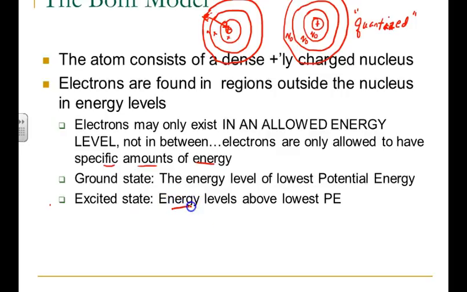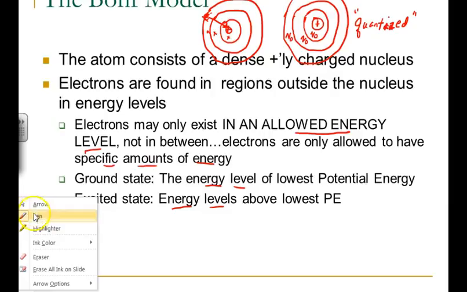Now, the energy level term is a term that came from Bohr as well. So when we say they're allowed in energy levels with specific energies, that is a result of Bohr. Each of these rings, each of these orbits is called an energy level.